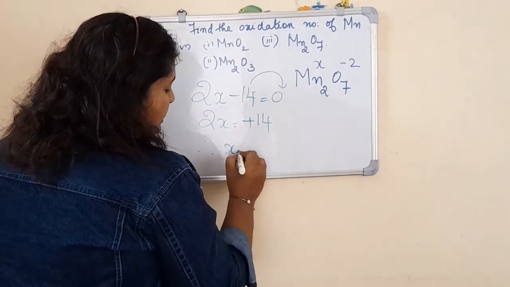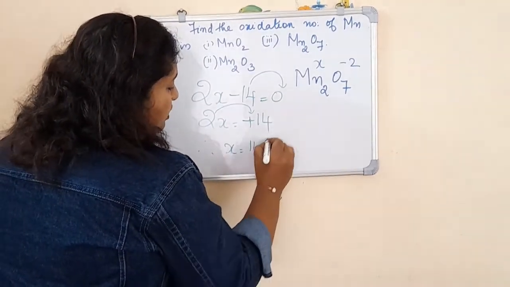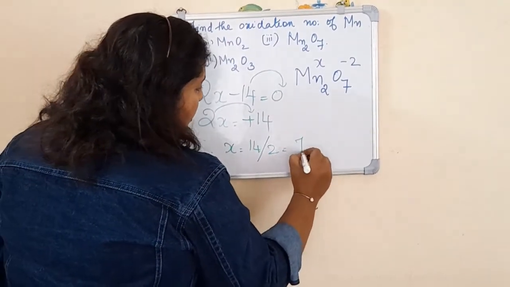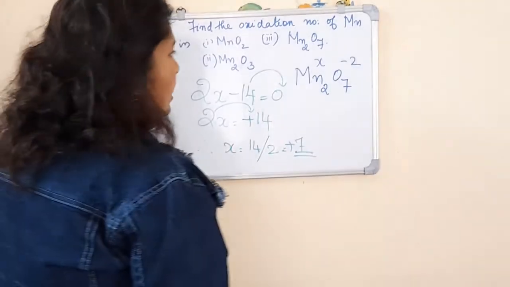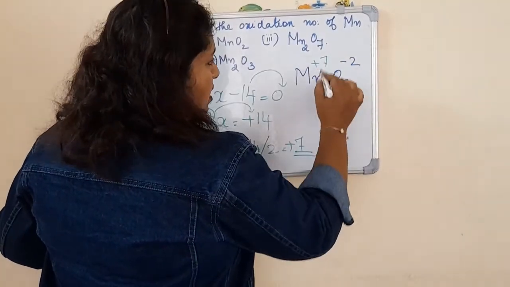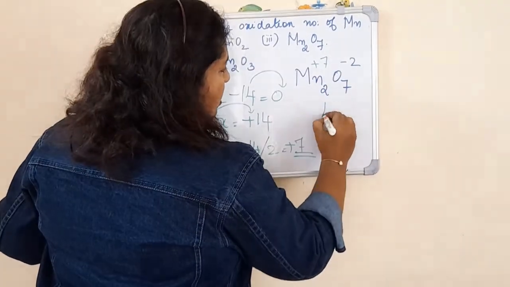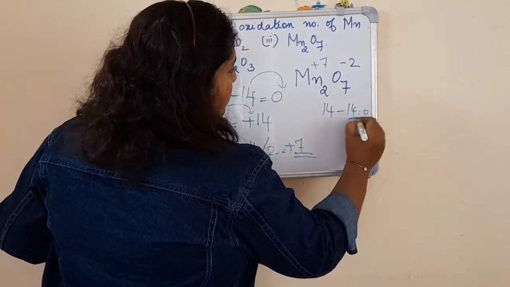Therefore, x is equal to, when this 2 goes to the opposite side, 14 divided by 2, that is 7. Plus 7. Here, now you can write the oxidation number as plus 7. Check it. 7 2s are 14. Minus 2 into 7, minus 14.